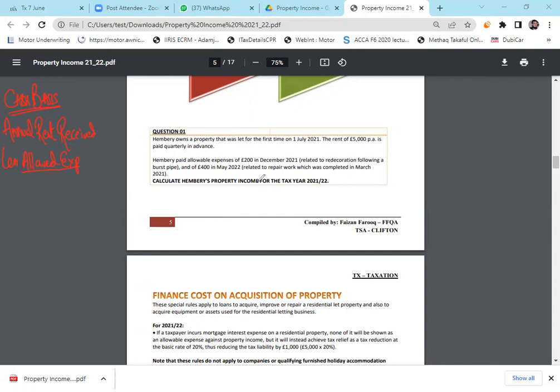Now, during the tax year, they let out the property. 6th April 21 to 5th April 22, this is my tax year. On 1st July 21, they let it out, meaning money starts coming in. How much rent did they receive in advance?